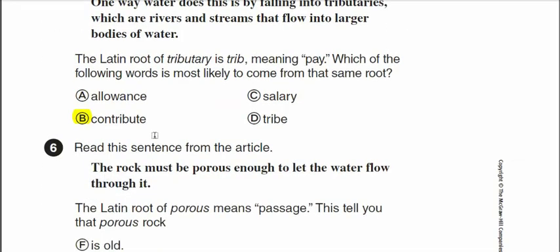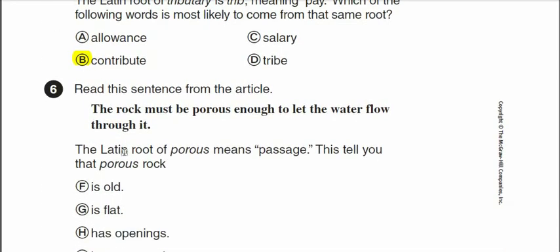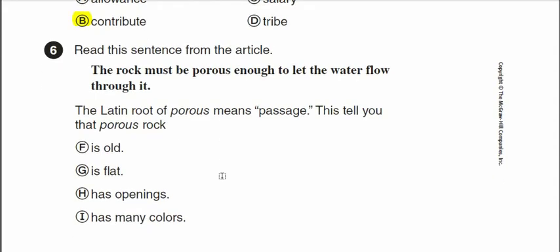After that, question number 6, read this sentence from the article. The rock must be porous enough to let the water flow through it. The Latin root of porous means passage. This tells you that porous rock is what? Is old, or flat, or has openings, or has many colors.